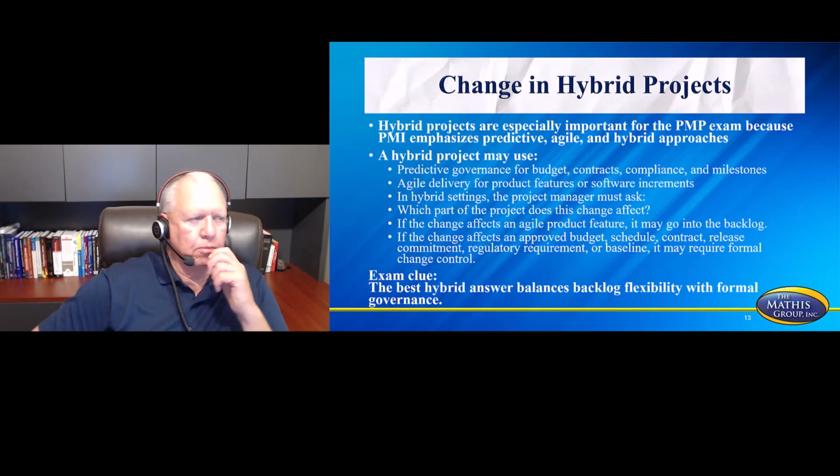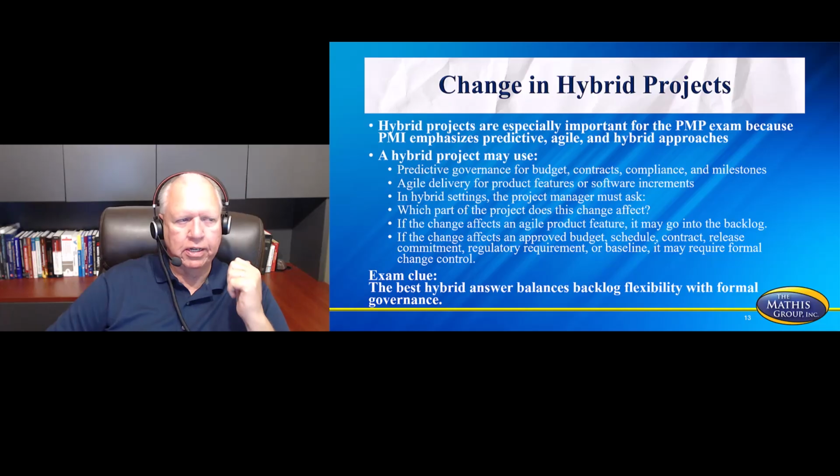Also, change in a hybrid project. Hybrid is especially important for the PMP exam because PMI emphasizes predictive, agile, and hybrid approaches. A hybrid project may use predictive governance for budget, contracts, compliance, and milestones, and might use agile delivery for product features or software increments.